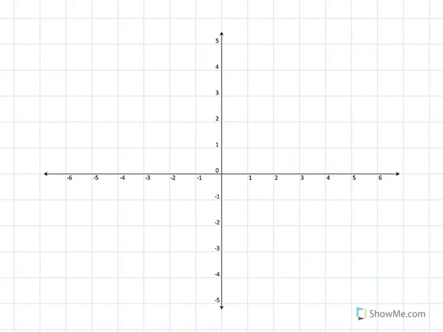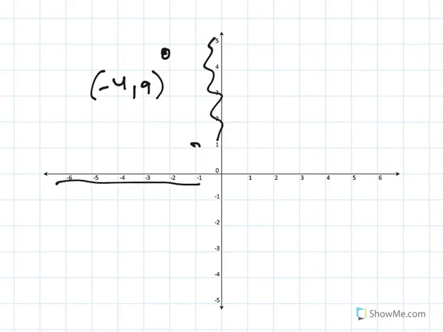Let's see, another question. The point might be in a different quadrant. For instance, here's a point here. I'm just going to call this point (-4, 9), so don't worry about the numbers on the axes.